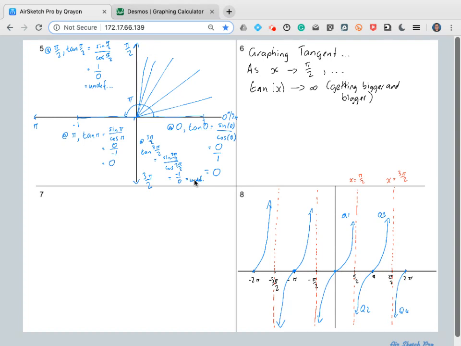Okay, so the critical aspects of a tan graph. If we're looking at transformations, I suppose. So transformations.